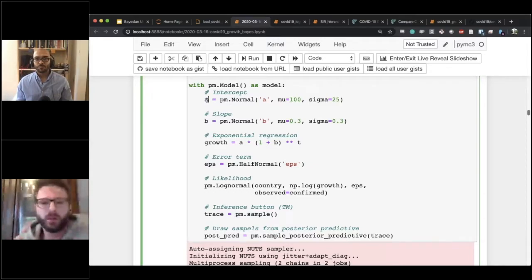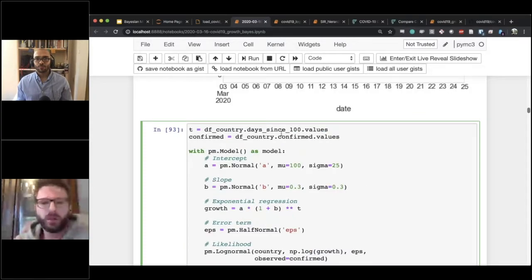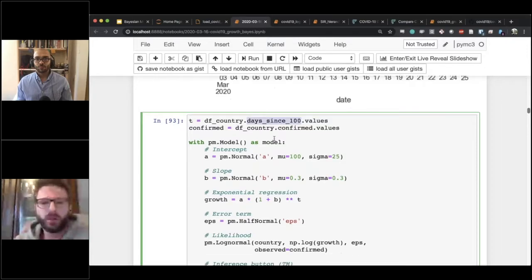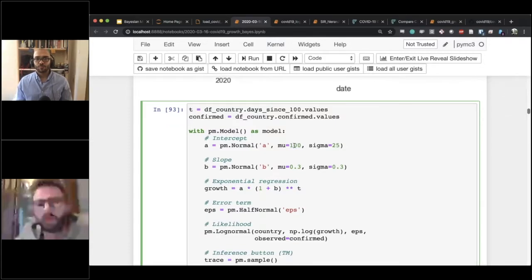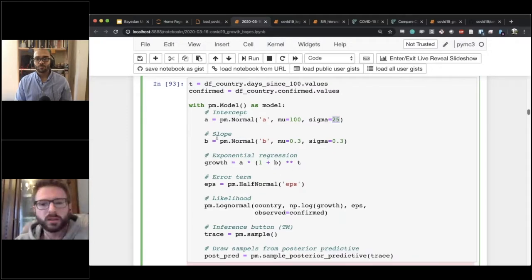Well, because I started them from 100 cases on, I set it to 0 where the country crossed 100 cases and know that it's going to be in the vicinity of 100. So that is just the way I set up the data. So I can inform the model that it's going to be close to that vicinity and then set a standard deviation for that as well, which is fairly wide because it probably will be more than 100.